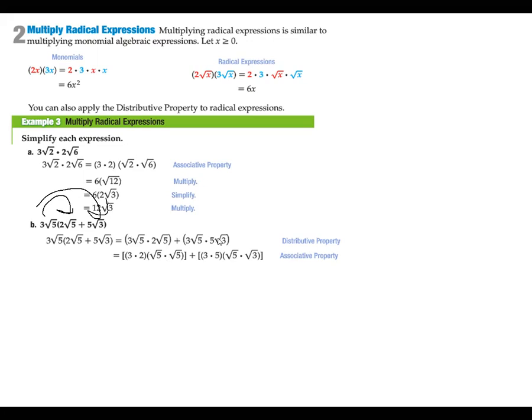Here, multiply the 3 and the 5, and the square root of 5 and the square root of 3. You have 6 square root of 25 plus 15 square root of 15. Square root of 25 is just 5. So you end up with 30 plus 15 square root 15. And the 15 under the radical has no perfect square factors, so you just leave it as square root 15.